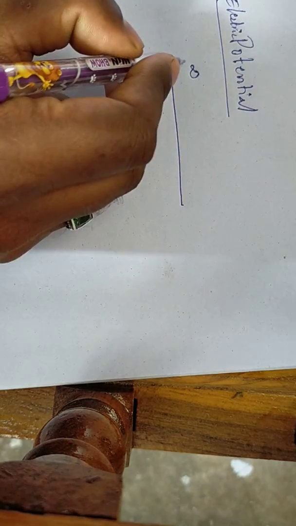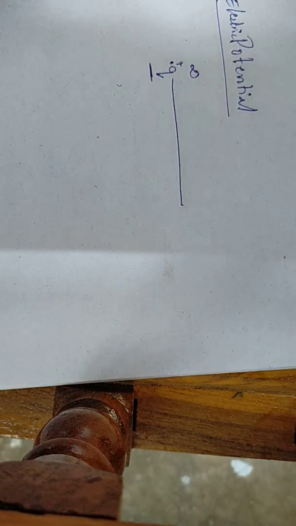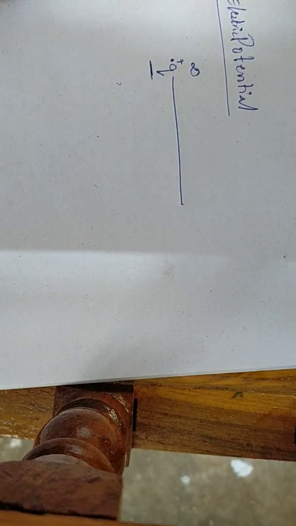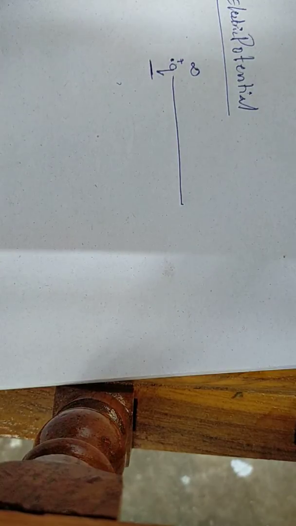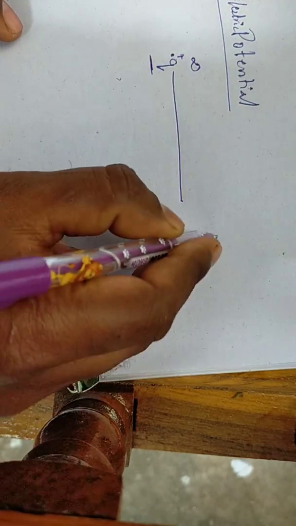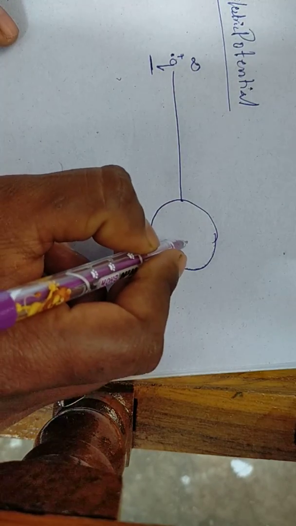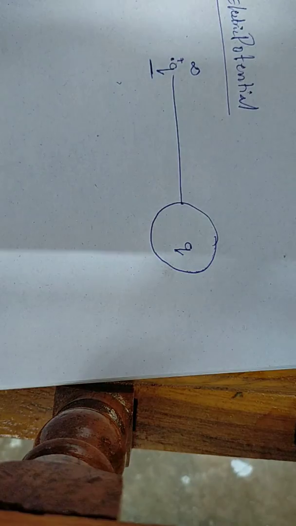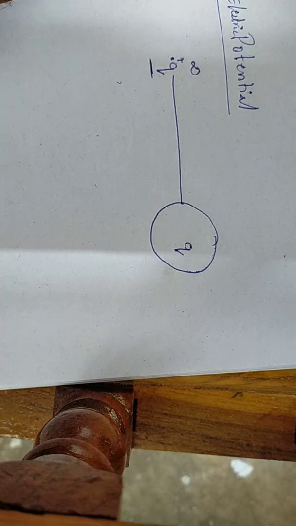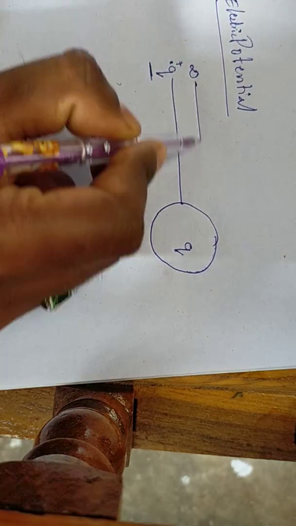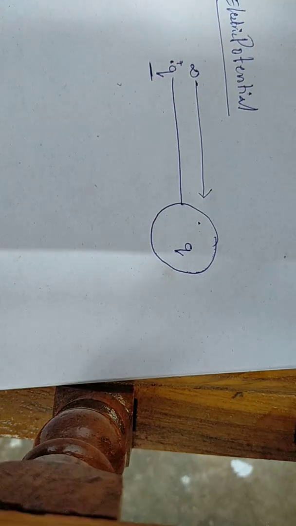The work done on this unit positive charge to bring it from infinity to a point in the electric field is called electric potential. The field is around another charge, either positive or negative, but we bring a unit positive charge from infinity to a point in the electric field.